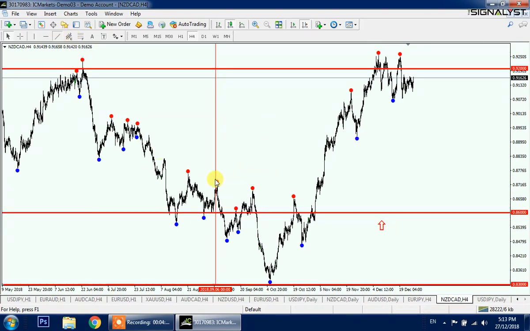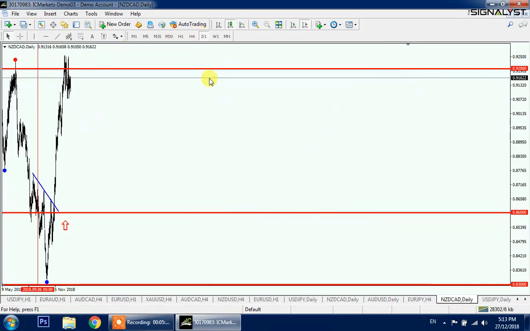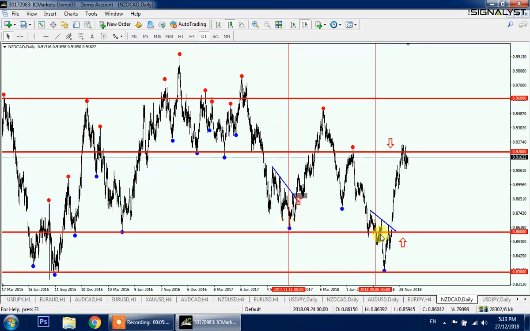So here we've got 1, 2, 3 touches, so we couldn't enter here because we didn't have any pattern or trend line trigger. We didn't have anything, so we just wait and look for potential entries. Let's zoom out a little bit, and then price went down to touch our lower support level, then bounced up, and let's zoom in again.